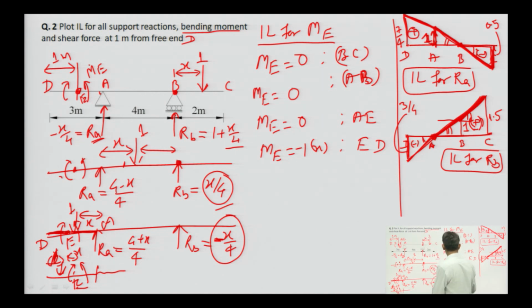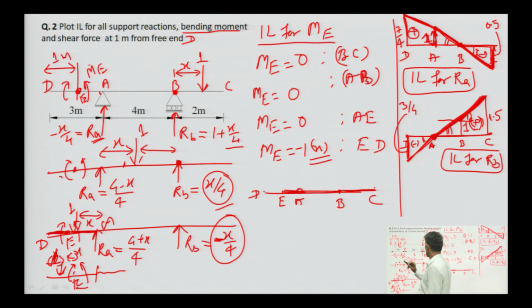Okay, so let us plot it. This point D, this point A, B, this point C, and suppose this point E. Bending moment for BC is 0. And for this segment, when the point load is at point D, we will have minus 3.